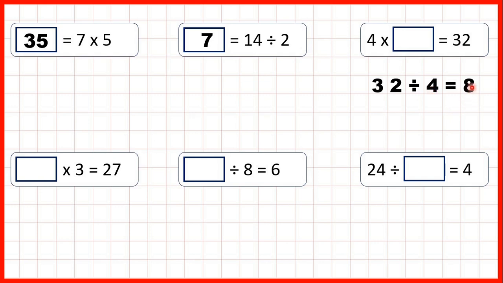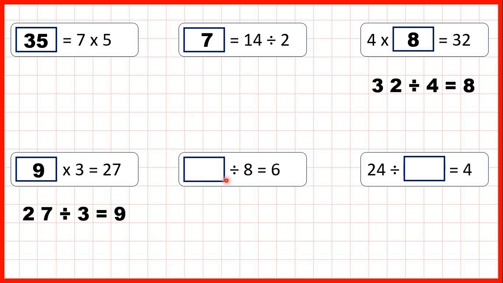That's 8 because 8 times 4 is 32, so our missing number is 8. Now something times 3 equals 27. Again, it's a missing number multiplication, so we can divide to find our missing number. 27 divided by 3 is 9, because 9 times 3 is 27, so our missing number is 9.